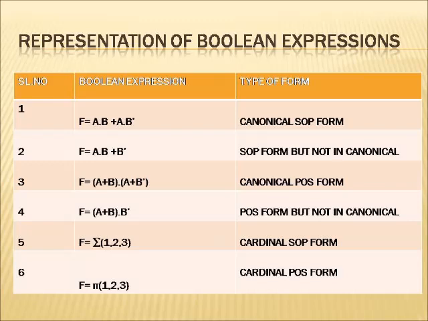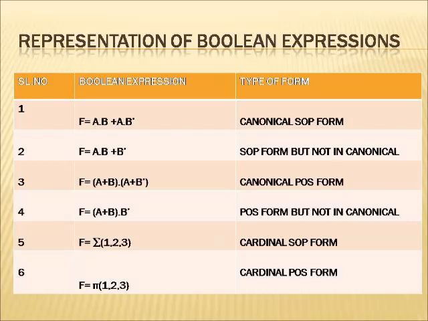So even though this expression is in SOP form, it is not in the canonical form. Please refer to the definition of canonical form in the textbook, right? An expression is said to be in canonical form if its terms contain all the Boolean values.